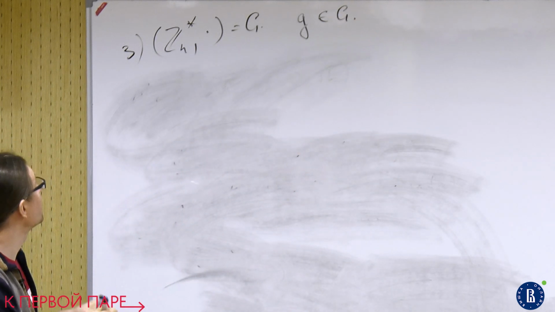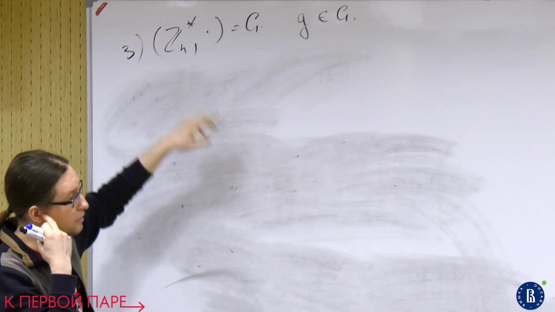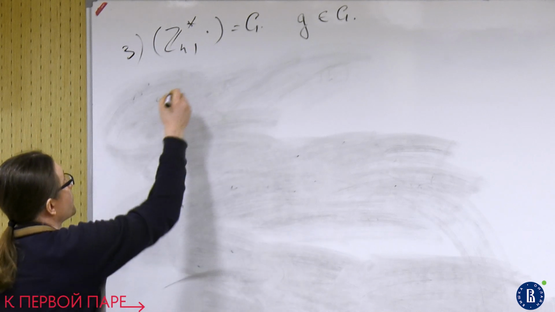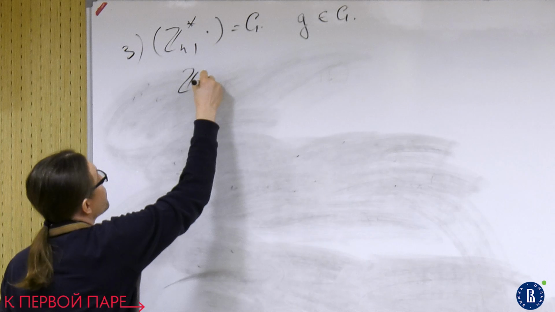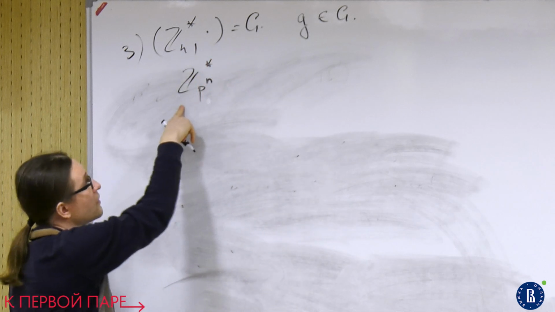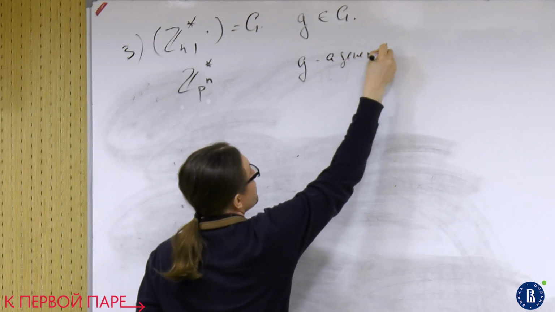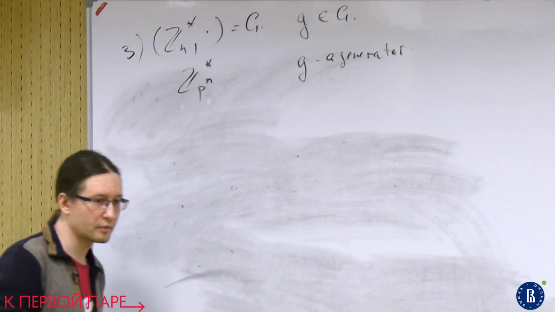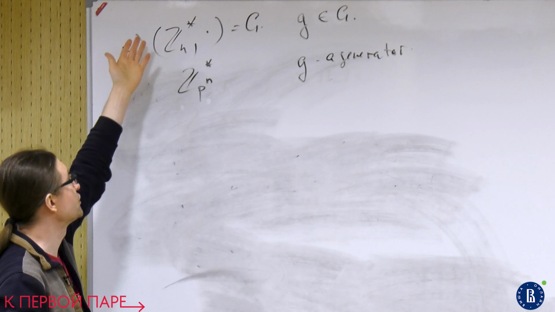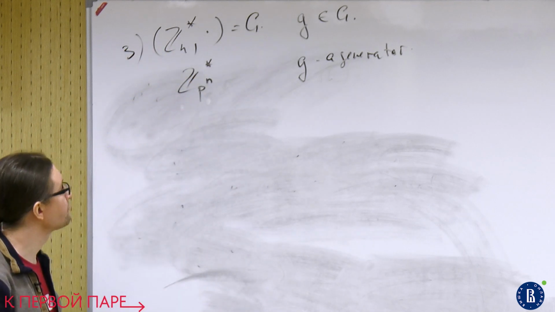We already know that this group need not be cyclic, but it's a product of cyclic ones. What we could do is take something like Z over p to the n, star, where p is an odd prime, then this group is cyclic. And we could even take g to be a generator. But in general, we may just consider an arbitrary n and an arbitrary element g here.